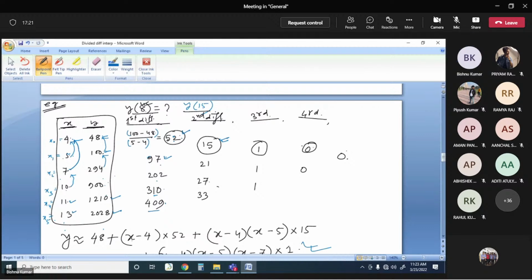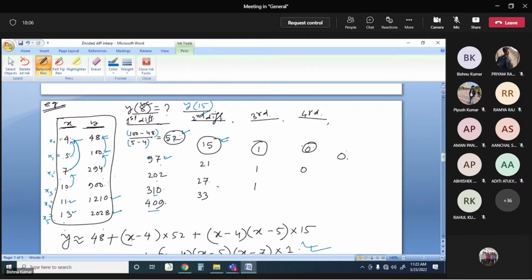To calculate 21, subtract 97 from 202 and divide by 10 minus 5. Subtract 202 from 310, divide by 11 minus 7. You will get this one. And subtract 310 from 409 and divide by 13 minus 10, which means 3. You will get 33, meaning 99 by 3 is 33. Okay.